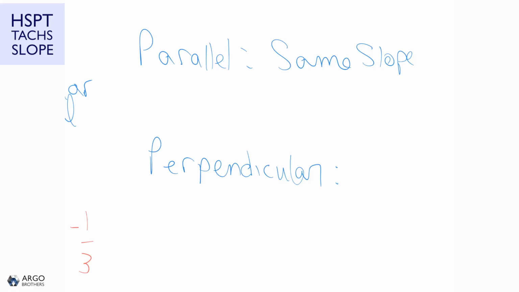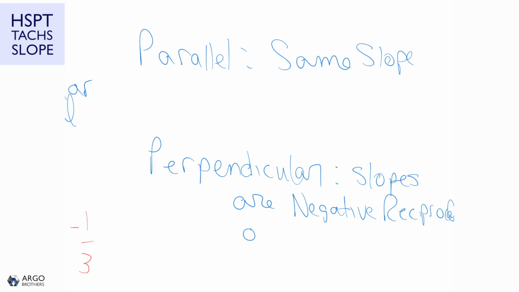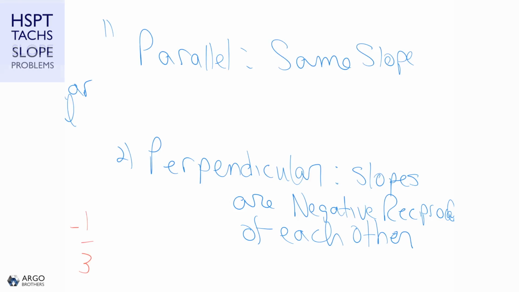And perpendicular means slopes are negative reciprocals of each other. So if one is 5, then the other one would be -1/5. So those are the two ways we're analyzing lines. And in our next video, we'll go over some problems.